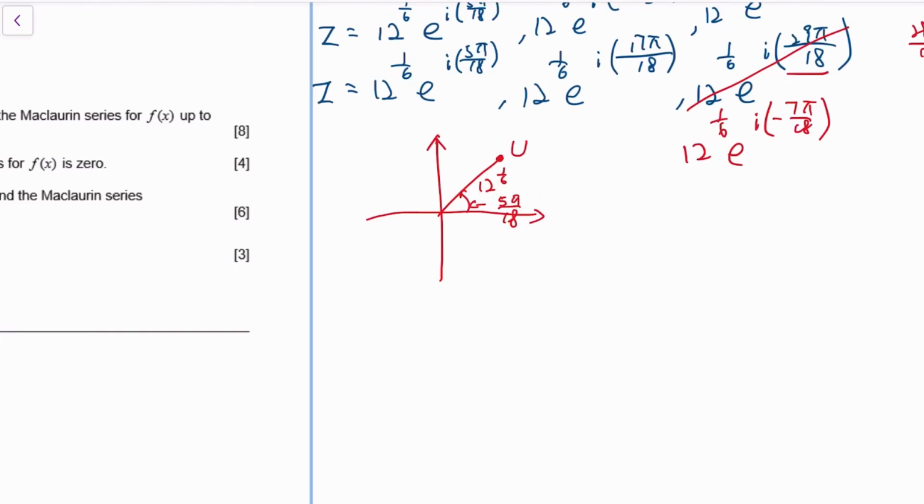So you probably know that the 3 roots would space out evenly. So we space out the 360 degrees evenly. So they differ by 120 degrees. That was 50 plus 120, that's 170. Plus another 120. Like this. So these are the 3 points.